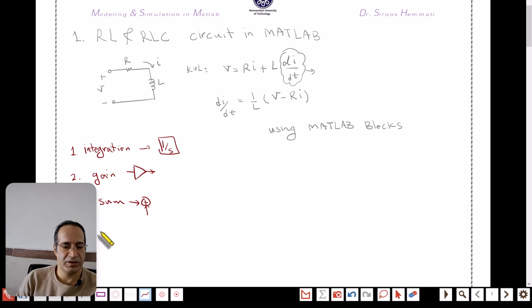I also need an input for this circuit, which can be a step or sine wave, and another block I need is the scope in MATLAB.